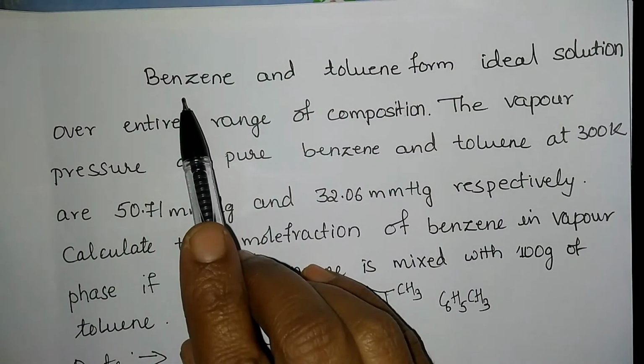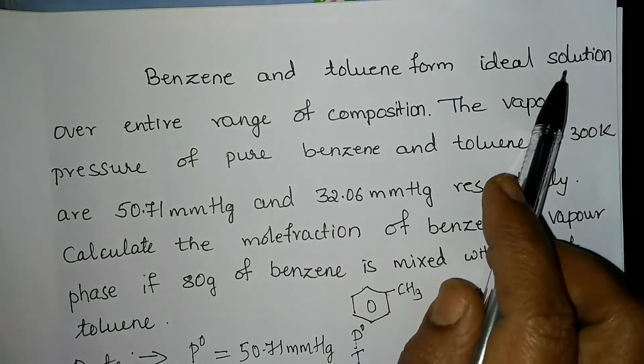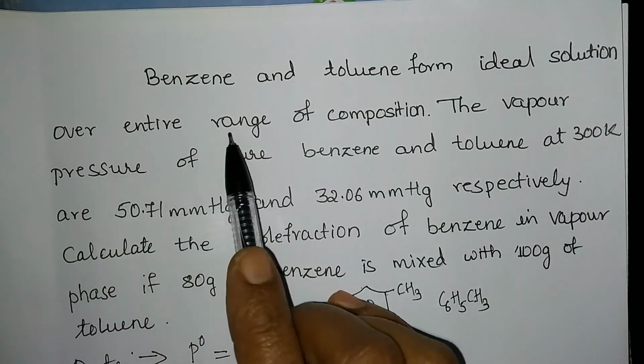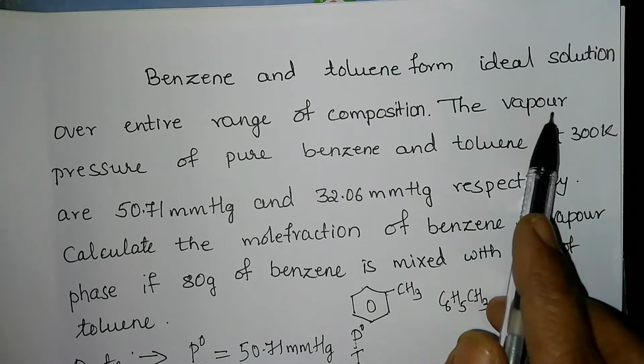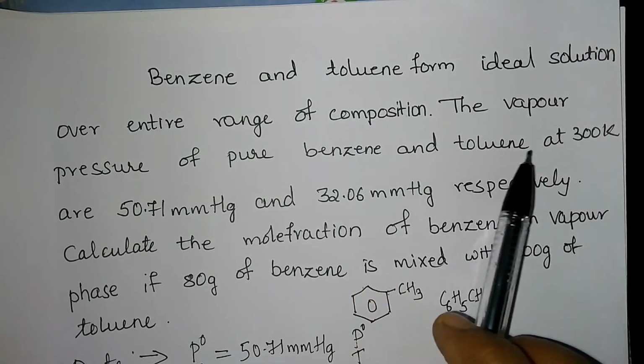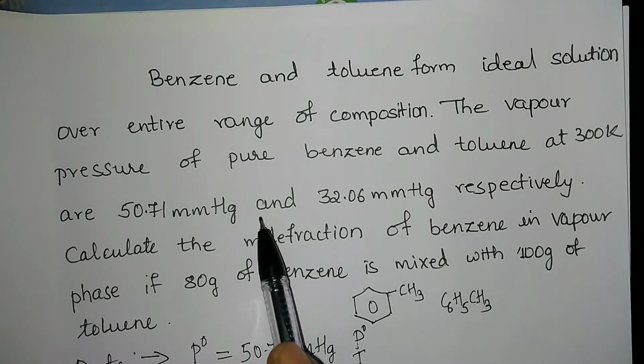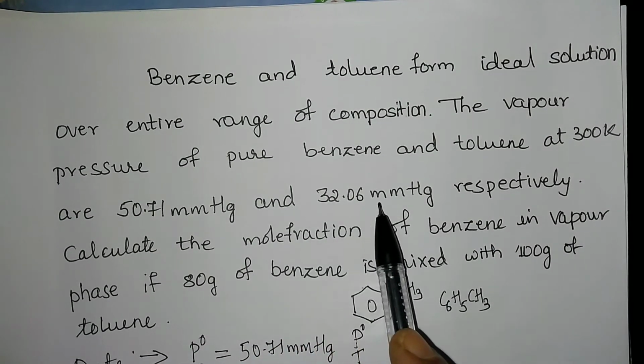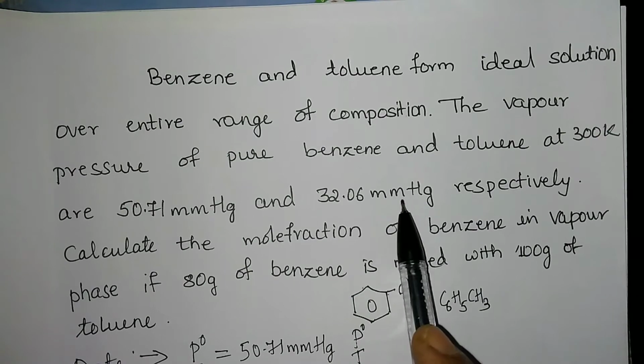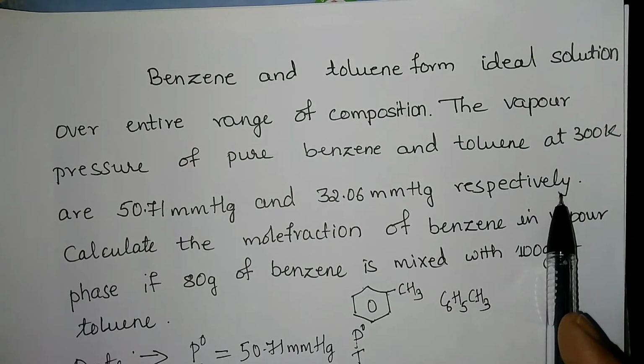Next problem. Benzene and toluene form ideal solution over entire range of composition. The vapor pressure of pure benzene and toluene at 300 Kelvin are 50.71 mm of mercury and 32.06 mm of mercury respectively.